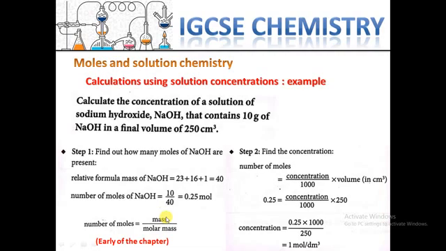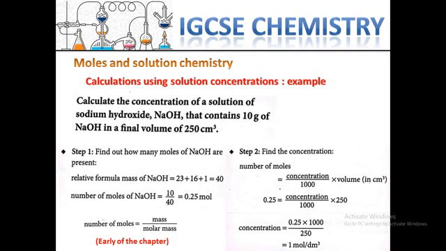The mass can be obtained from the question, which gives us 10 gram of this compound. Finally, you can get how many moles we have. Here the answer is 0.25 mole.